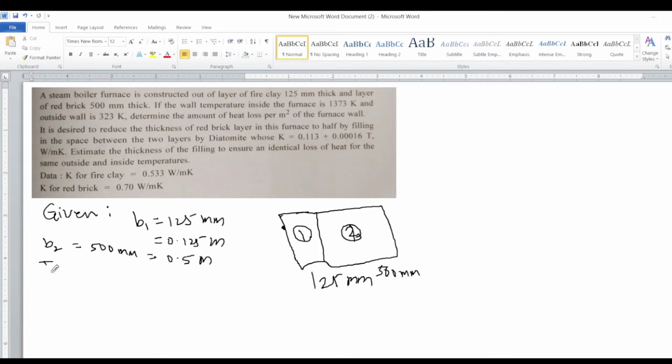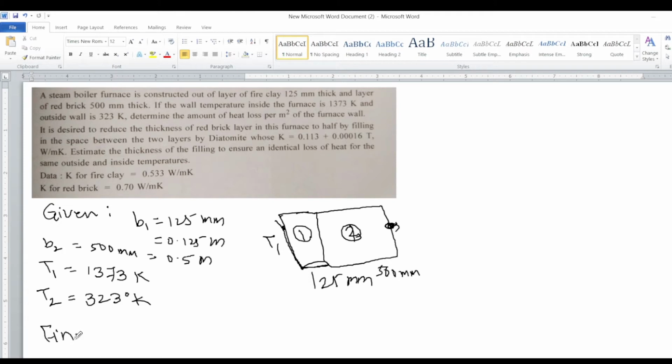And consider this inner surface temperature as T1, that will be given as 1373 Kelvin, and the outside wall temperature is T2 as 323 Kelvin.